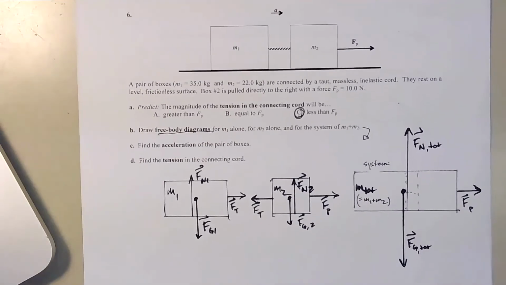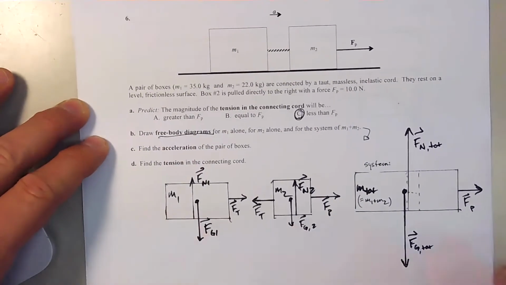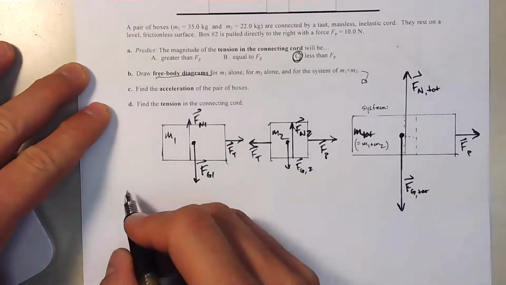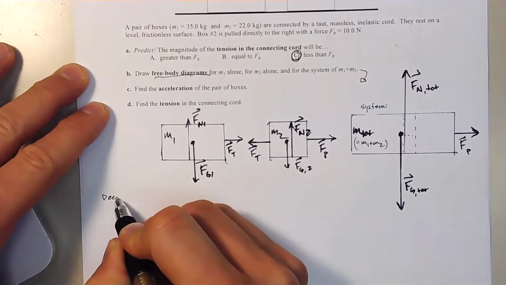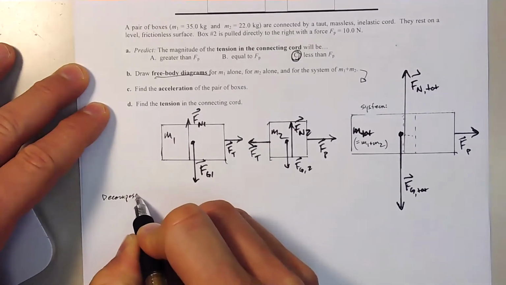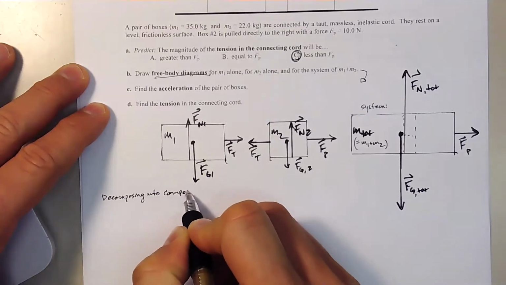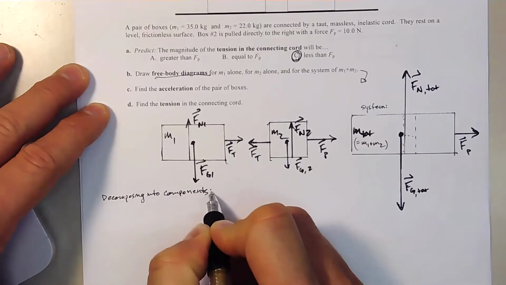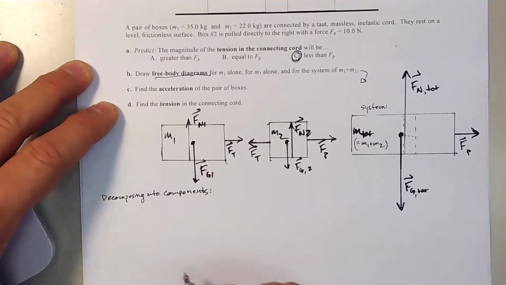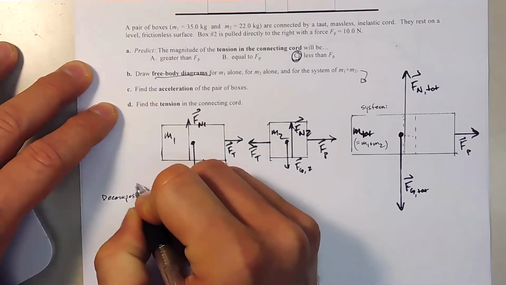So if I go ahead and inventory these forces, if I go ahead and decompose these forces into components, I'll try and do this fast, just by inspection. No trigonometry needed. So forces.